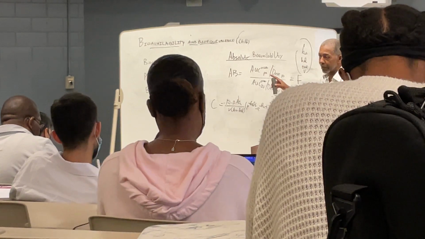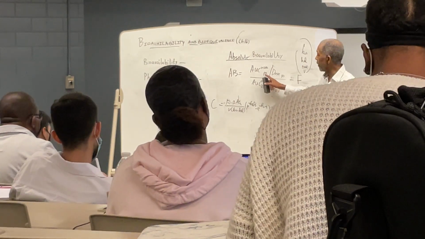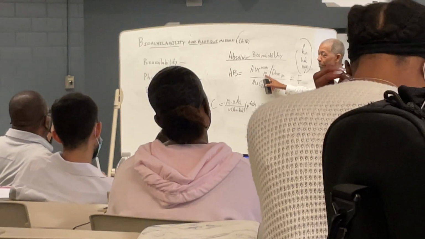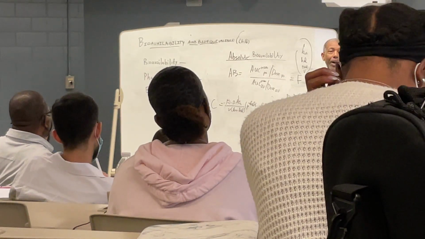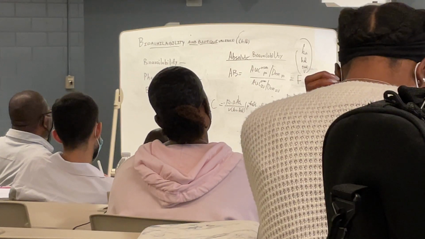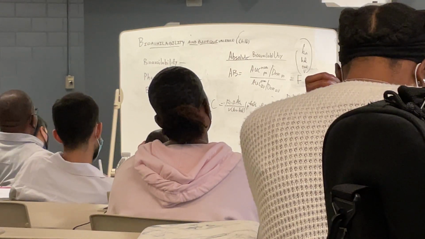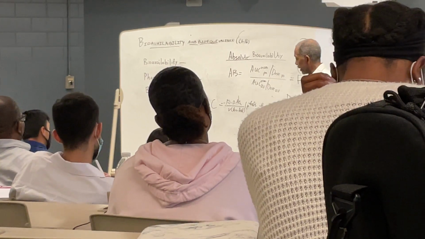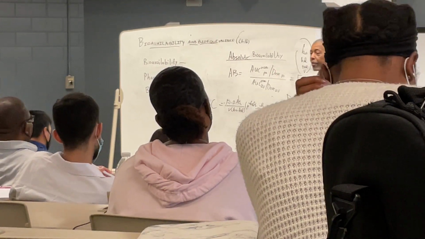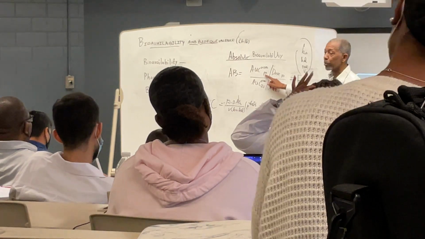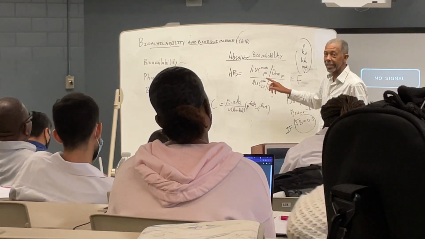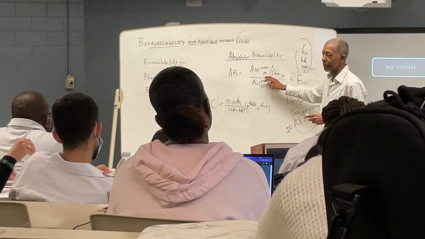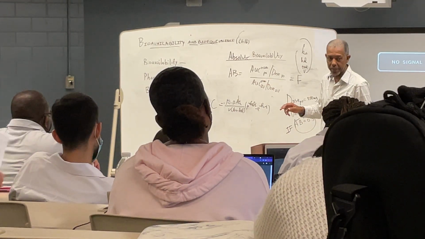Whatever that suppository form of administration is, it wouldn't be PO. You're not going to give a suppository orally, that's my point. So don't think that this only applies to an oral dose. The absolute bioavailability can be calculated for any route of administration where absorption occurs. It's just that we know the oral route is the most common route, so that's why I wrote PO. Are we okay with that?